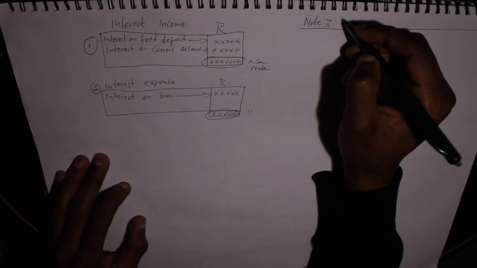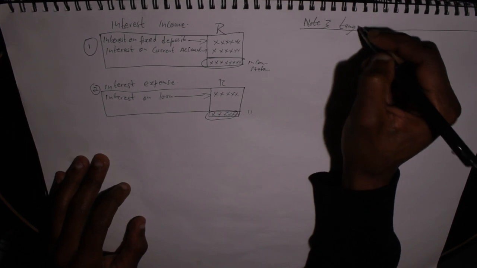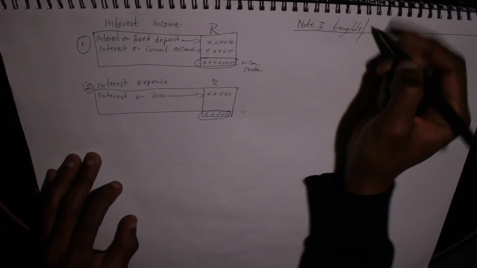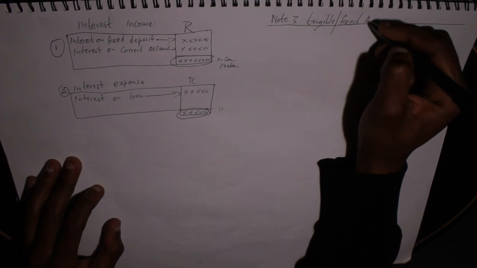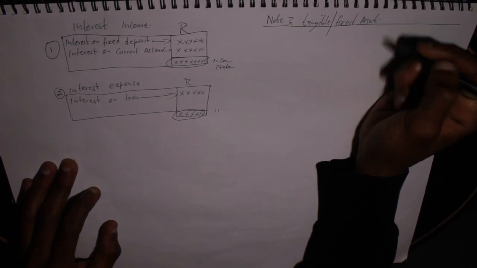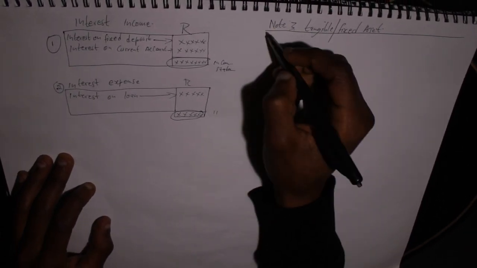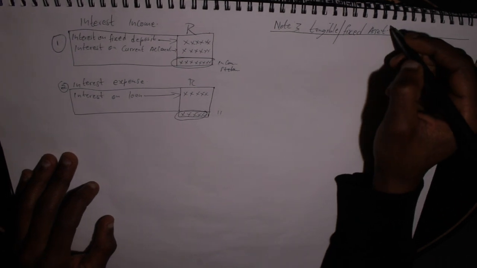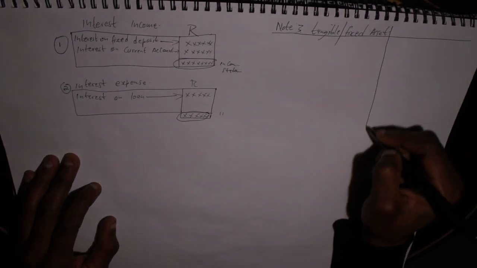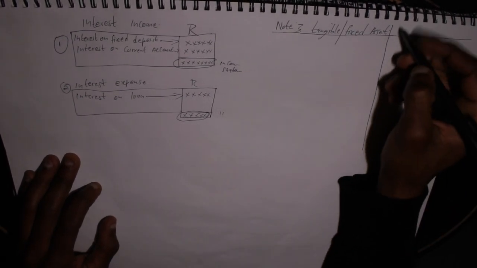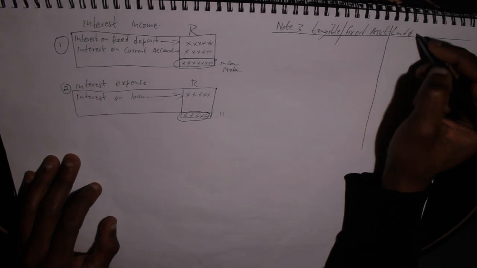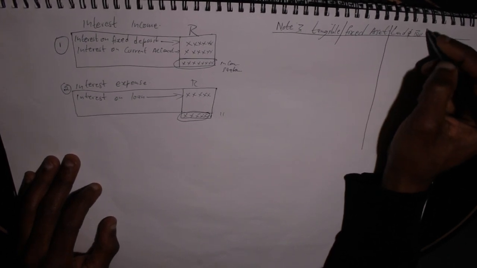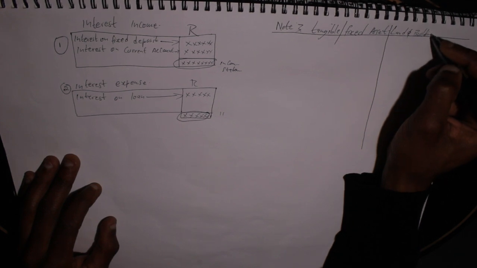So note 3, we call this note the tangible or fixed assets note. So this note looks like this, right? So normally we have land and building, right?